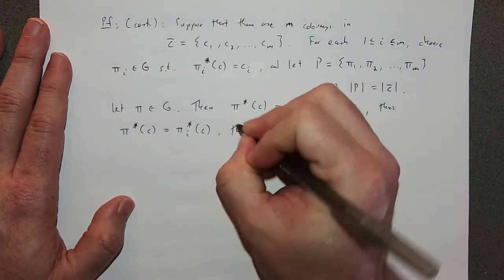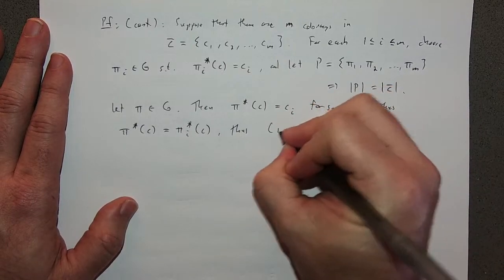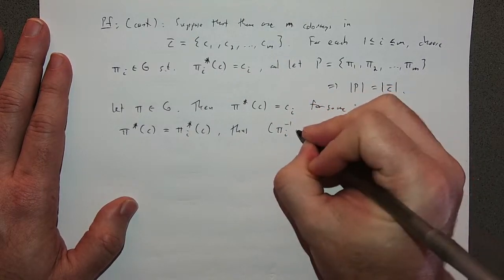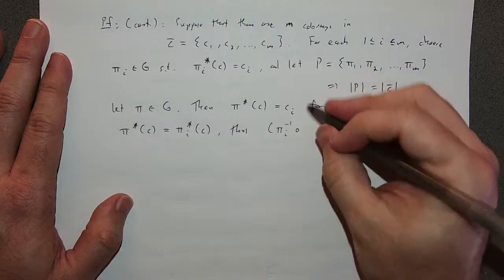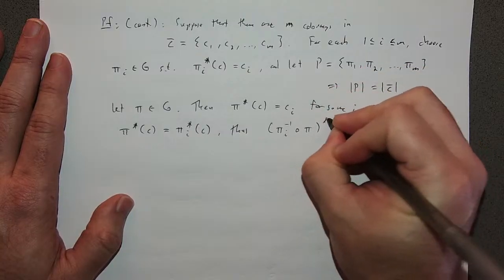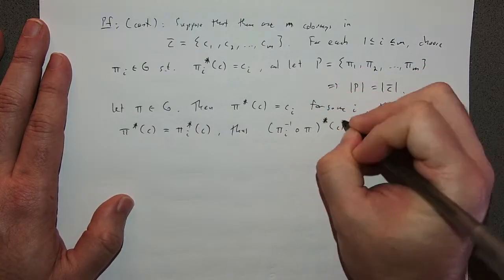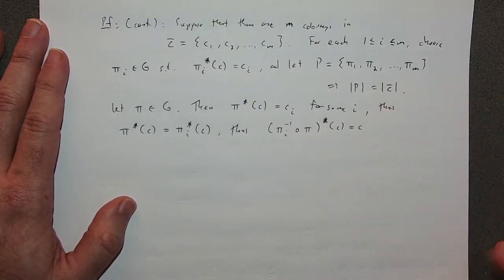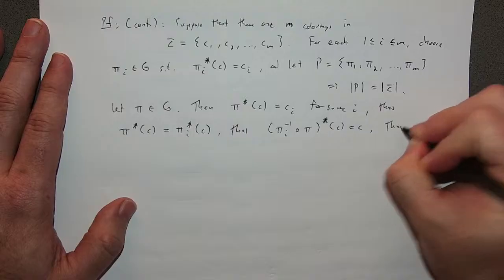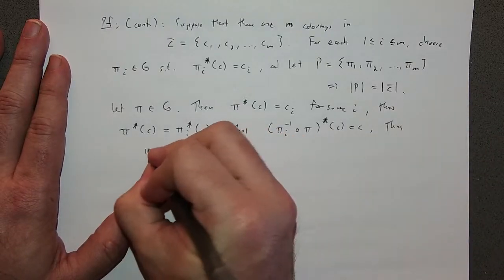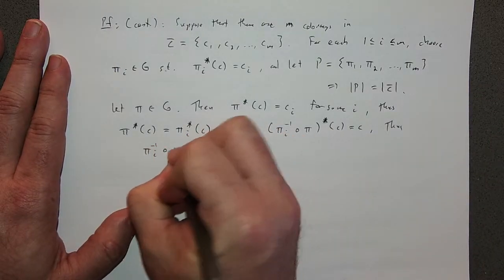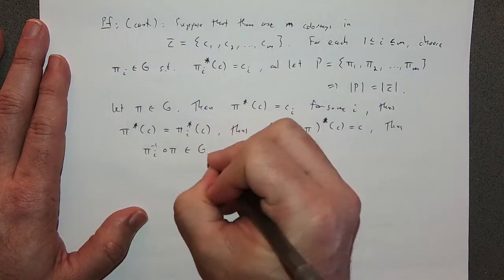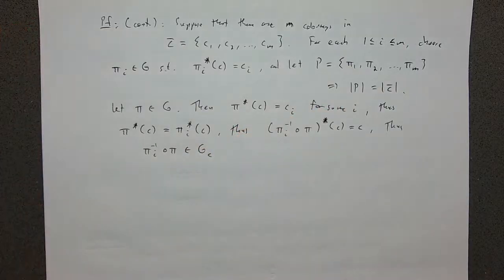Thus, continuing on, pi sub i inverse composed with pi star of C is equal to C. Thus, pi sub i inverse composed with pi is an element of the stabilizer of C, since it fixes C. What did I do here?